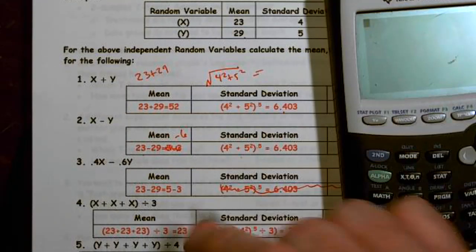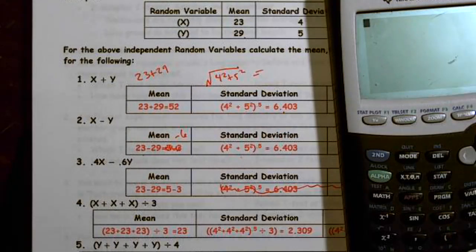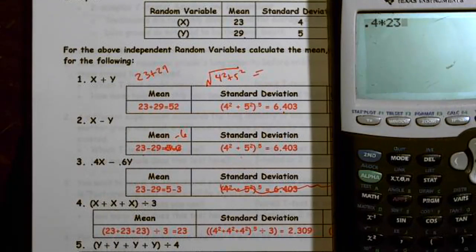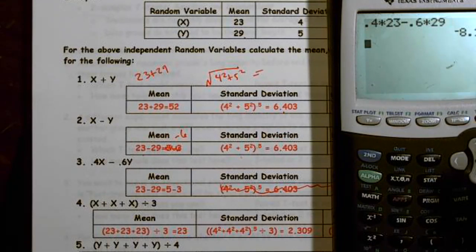So our X was 23. So 0.4 times 23 minus 0.6 times 29. And that's the way you go about that one. All right.